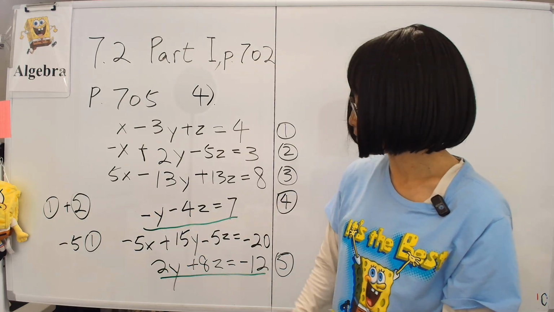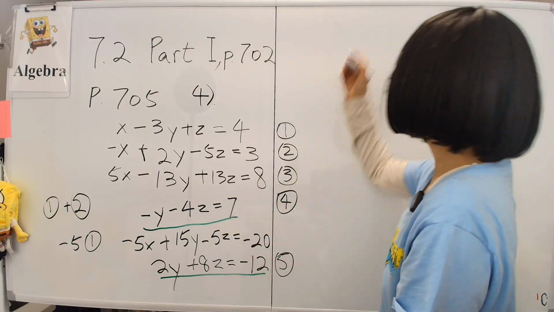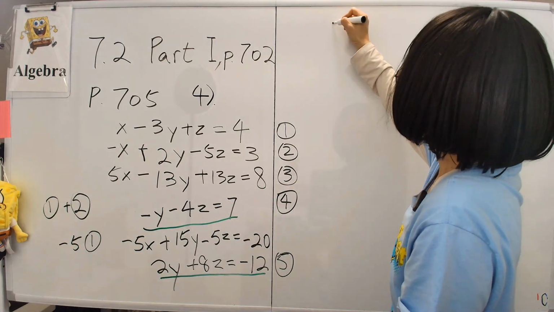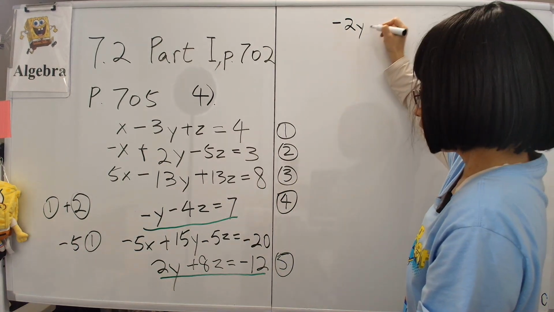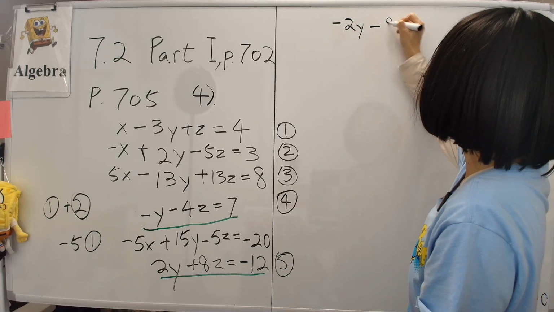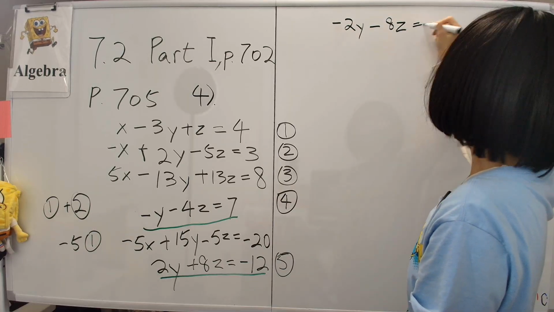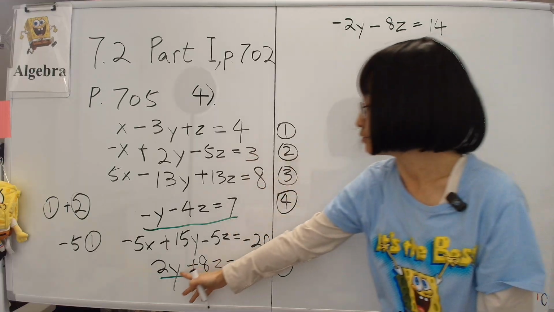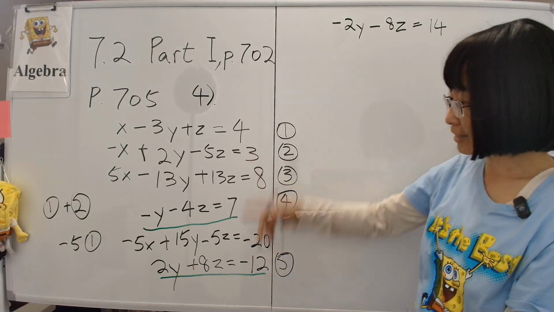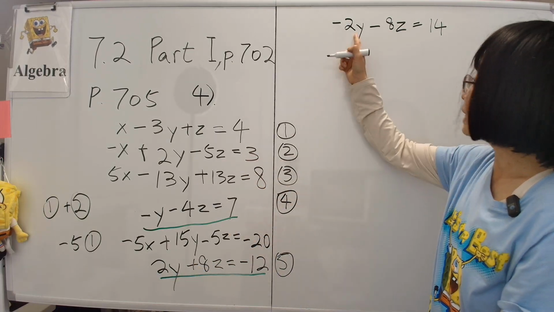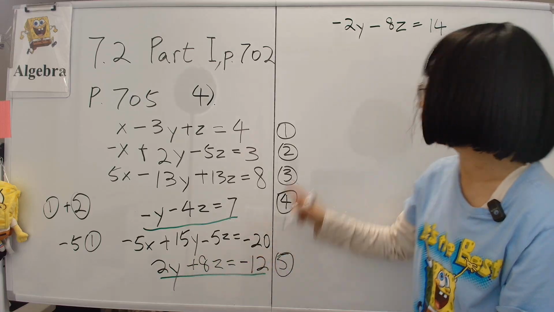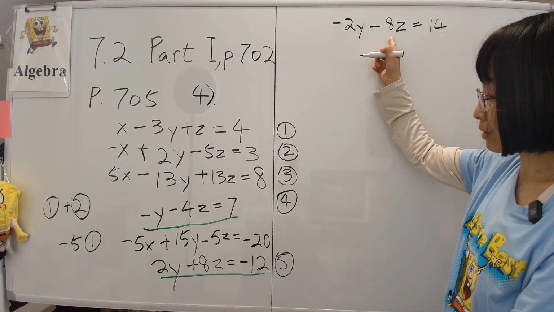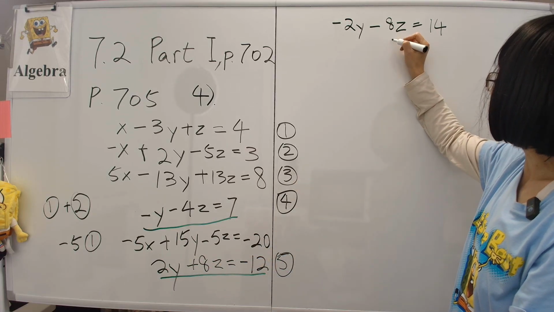See, it already has minus y there. So if we multiply by 2, we will have minus 2y and then minus 8z equals 14. And then add this equation to this one right here, so that the y becomes 0. So we have minus 8z plus 8z, that becomes 0z.